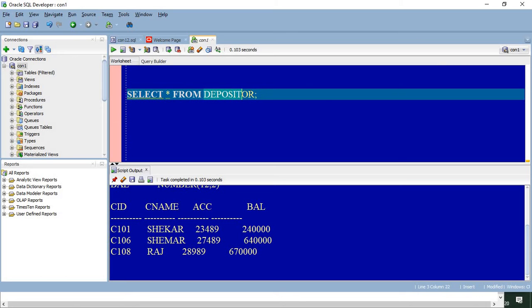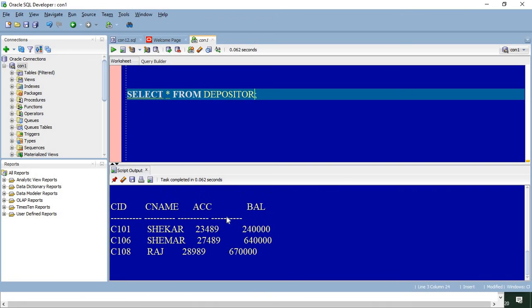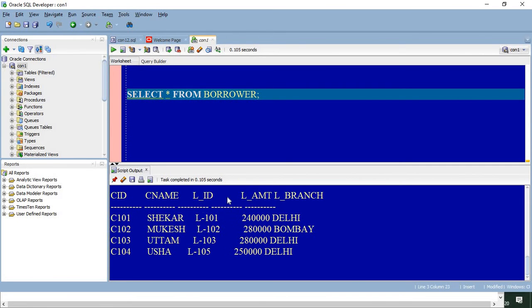Similarly, let us see the other table, that is borrower, and in borrower you can see that there are a total of 4 rows. If we see the columns, there are a total of 4 columns in the depositor, whereas in borrower there are a total of 5 columns.